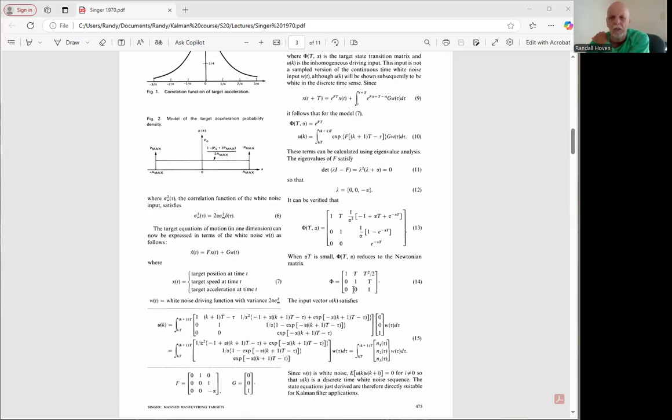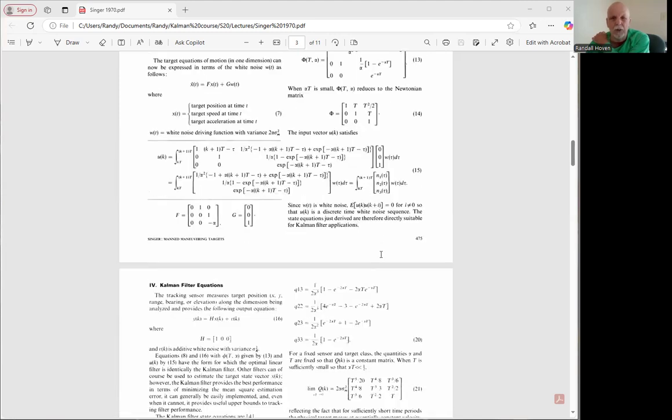One of the limiting cases of this is the so-called Newtonian matrix. You don't need to go there right now. But all this is that business we did when we quantized it, discretized it.